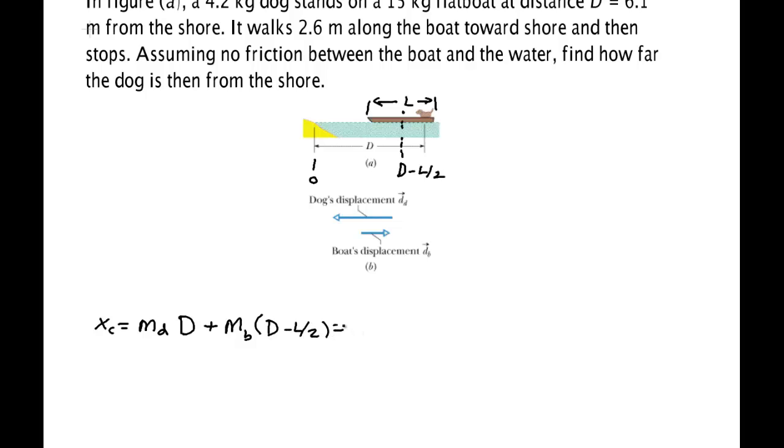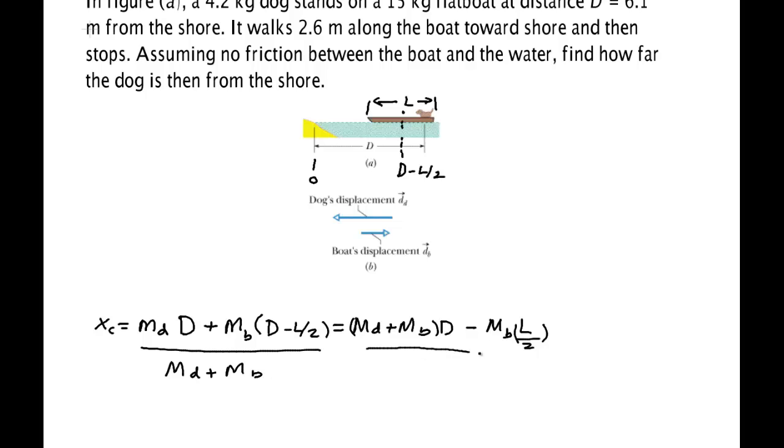So if we put all that together, we have mass of dog plus mass of boat times d, minus mass of boat times L over 2, all divided by the total mass, mass of dog plus mass of boat.